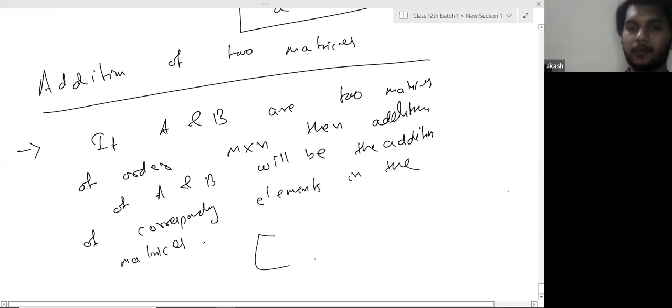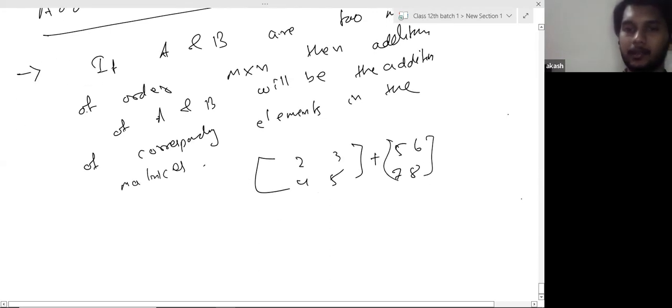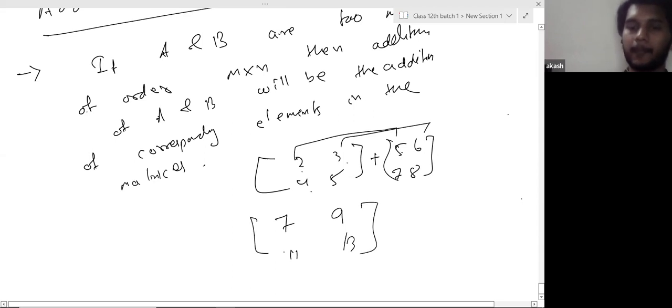If we have to add 2, 3, 4, 5 plus 5, 6, 7, 8, just add the elements with their corresponding positions: 2 plus 5 is 7, 3 plus 6 is 9, 4 plus 7 is 11, 5 plus 8 is 13.